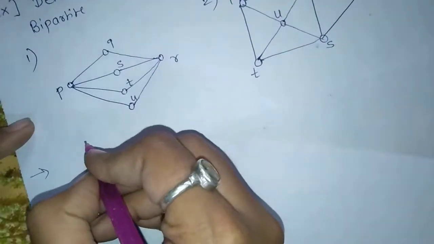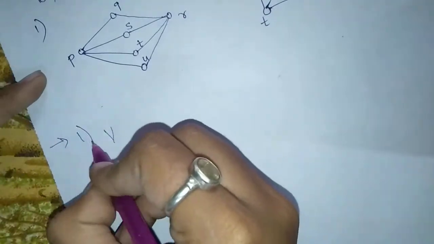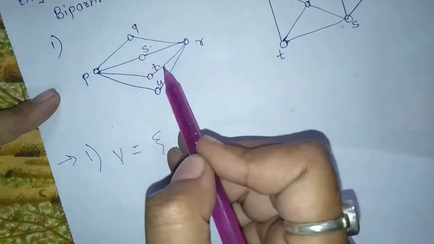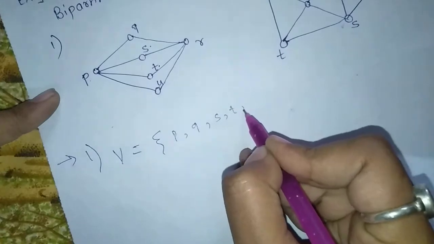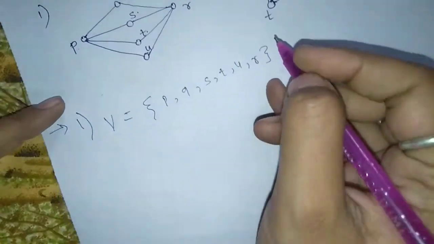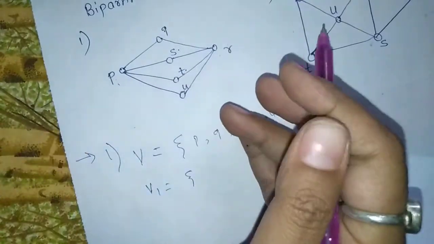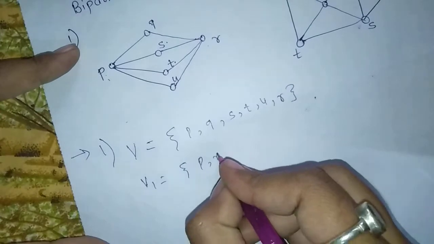First, this graph. You can see that capital V is nothing but the vertex set P, Q, S, T, U, R. Take V1 equal to P, R. Why do we take V1 equal to only P, R?